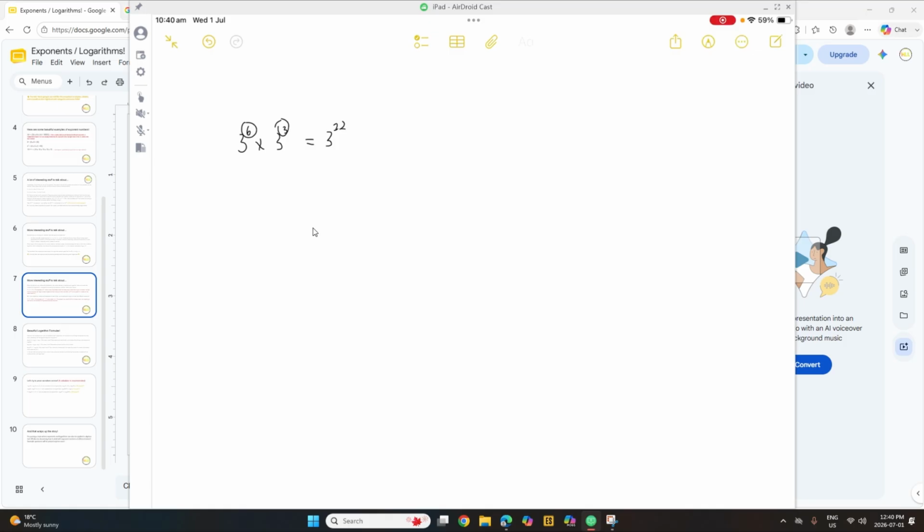If you go on your calculator and put in 3 to the power of 9, you're going to get 19683. But if you multiply these two out directly, you should get the same answer.